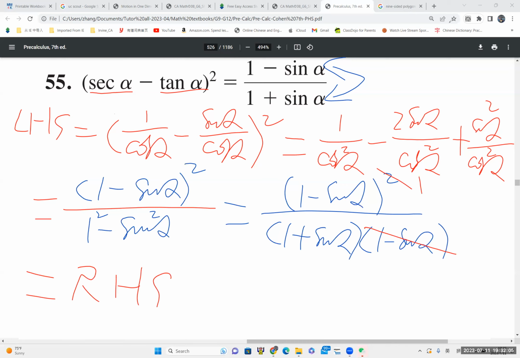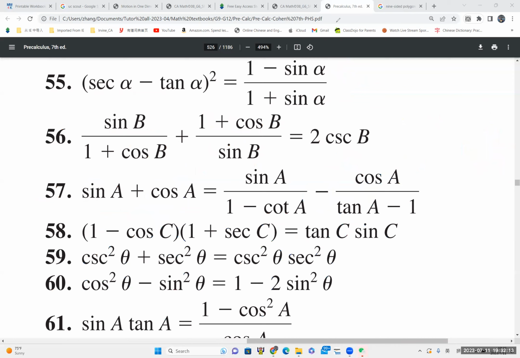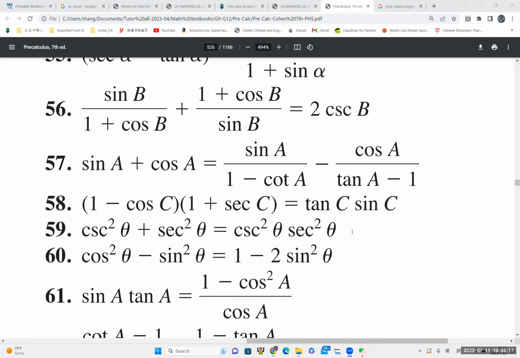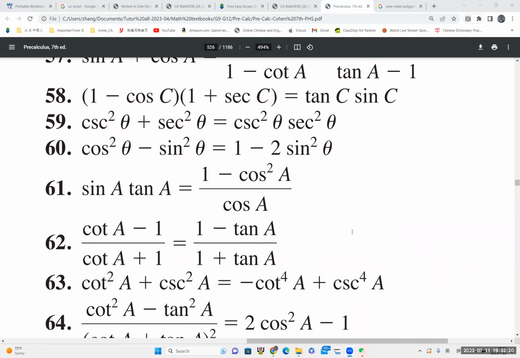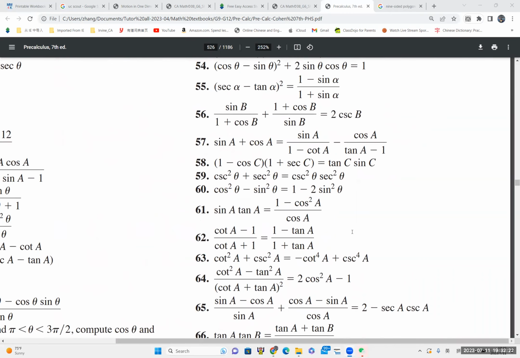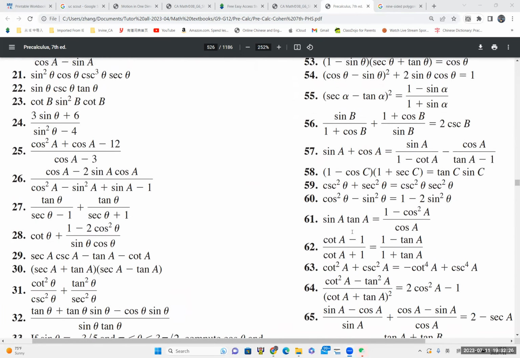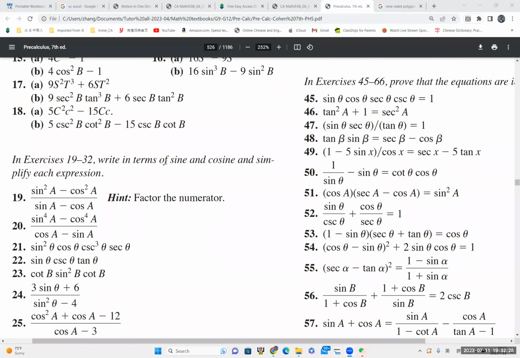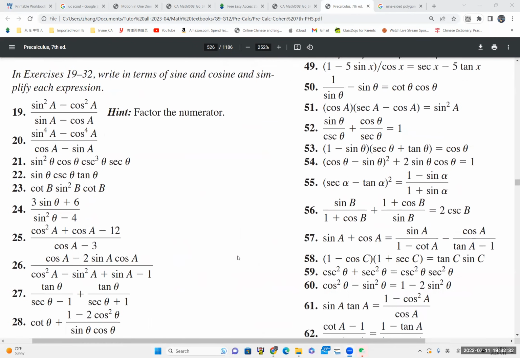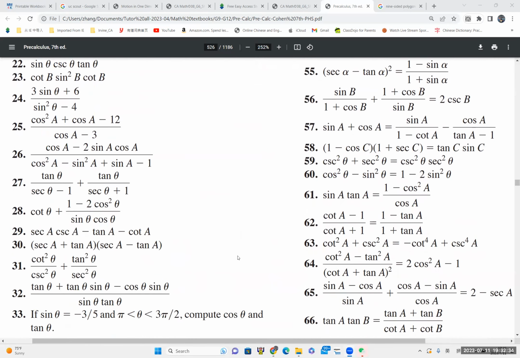Any questions? No? Okay. Now let's find one. Write in terms of sine, cosine, and simplify each expression. Okay.